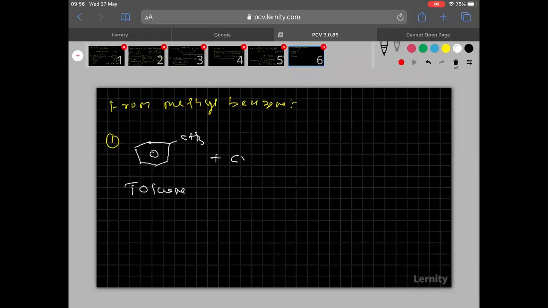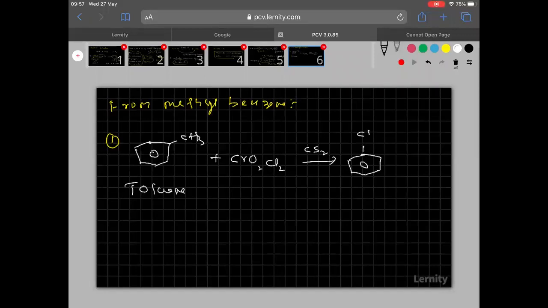So this toluene when treated with chromyl chloride, I hope you are copying this one. So what happened here? In presence of non-polar solvent, this reaction takes place, like carbon disulfide. Then here we will get one chromium complex.